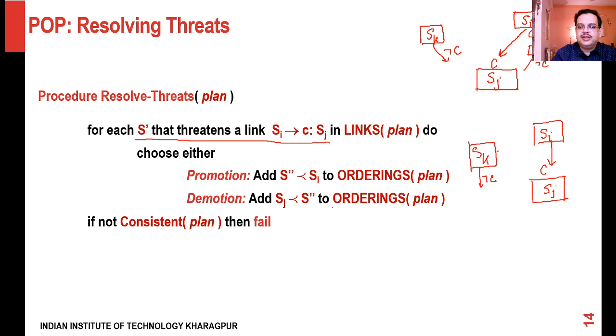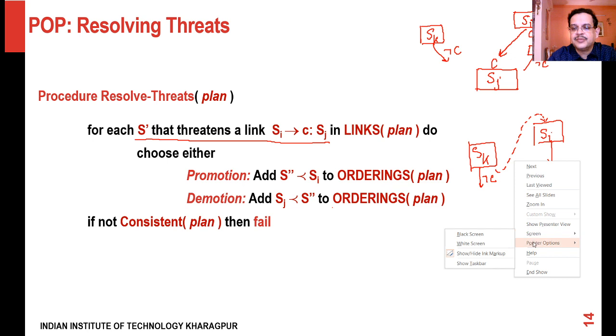If I want to say that I will execute Sk before Si, then I will put a dotted edge like this to enforce that ordering. On the other hand, if I want Sk to execute after Sj, then instead of this one, let me get an eraser.